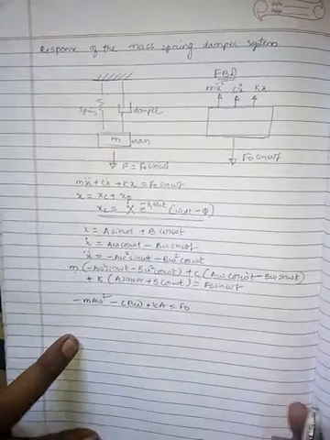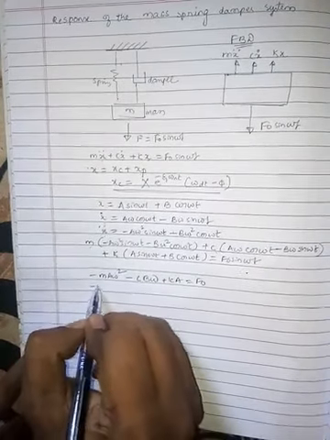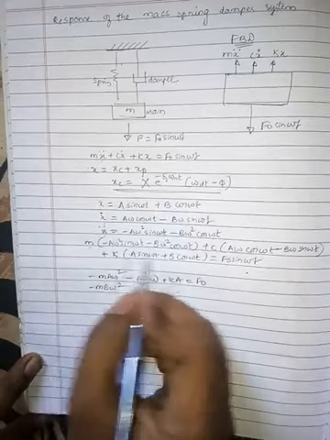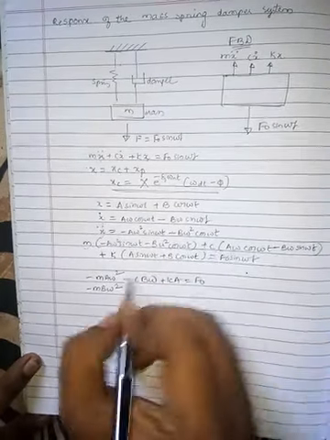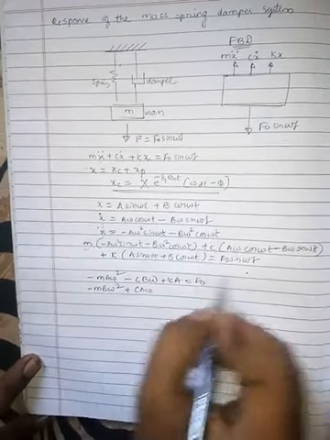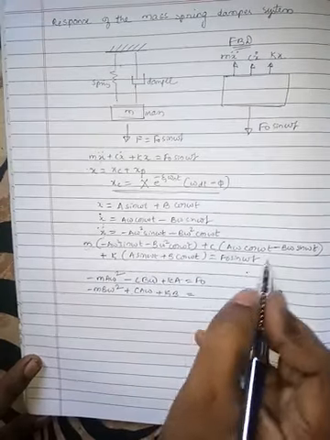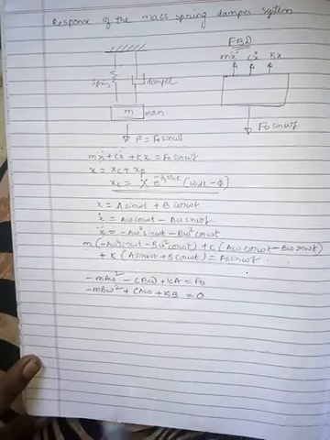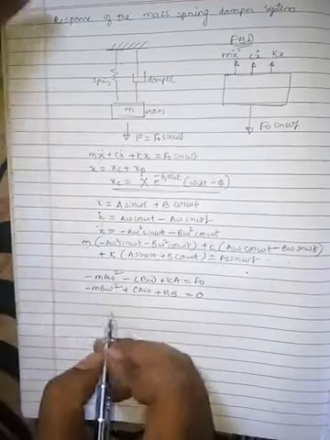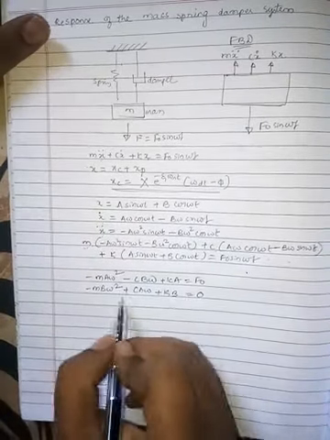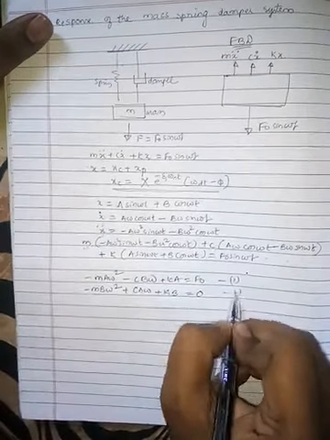Similarly, the cos component coefficient: minus m b omega square, plus c a omega, plus k b. There is no cos component on the right side, so it is 0. By this we will find what b is. This is equation 1, and this is equation 2.